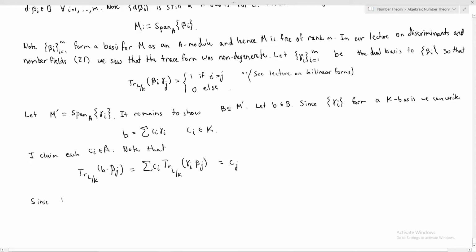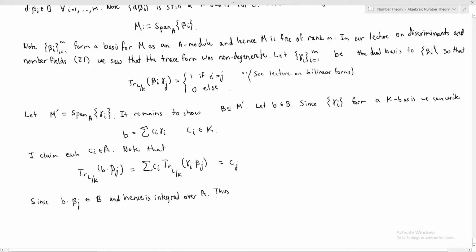Since b times beta j is certainly in B, it is integral over A. Thus, the trace is integral over A as well.